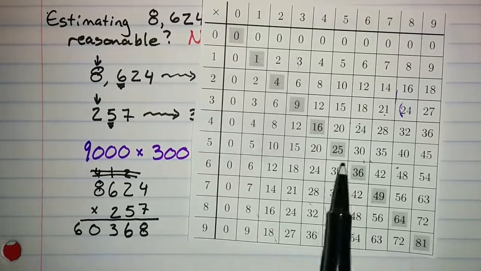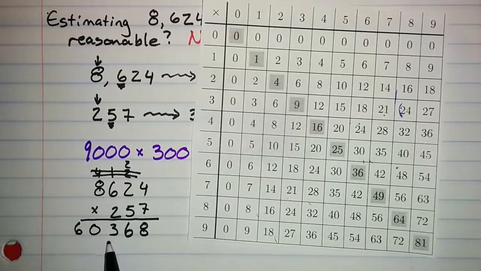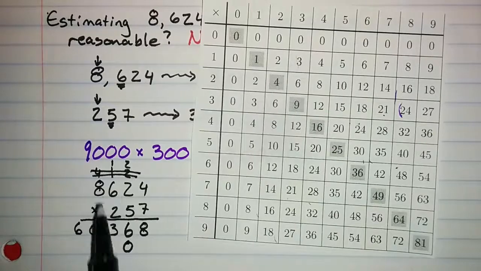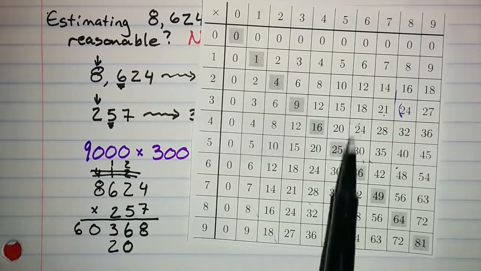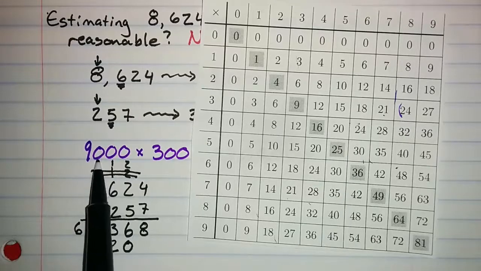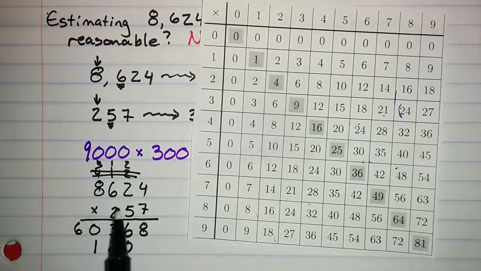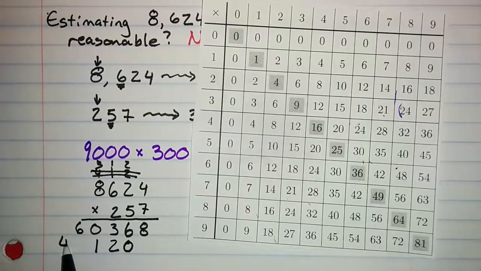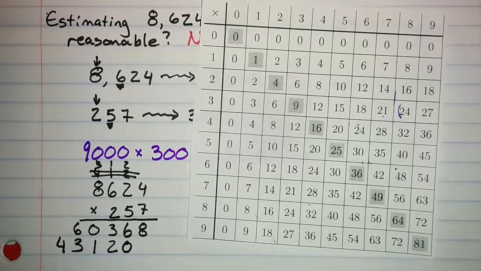5 times 4 is 20. And again, this is the digit in the tens place. We write the first digit of our answer in the tens place. 5 times 2 is 10, 11, 12. 5 times 6 is 30, 31. 5 times 8 is 40, 43.